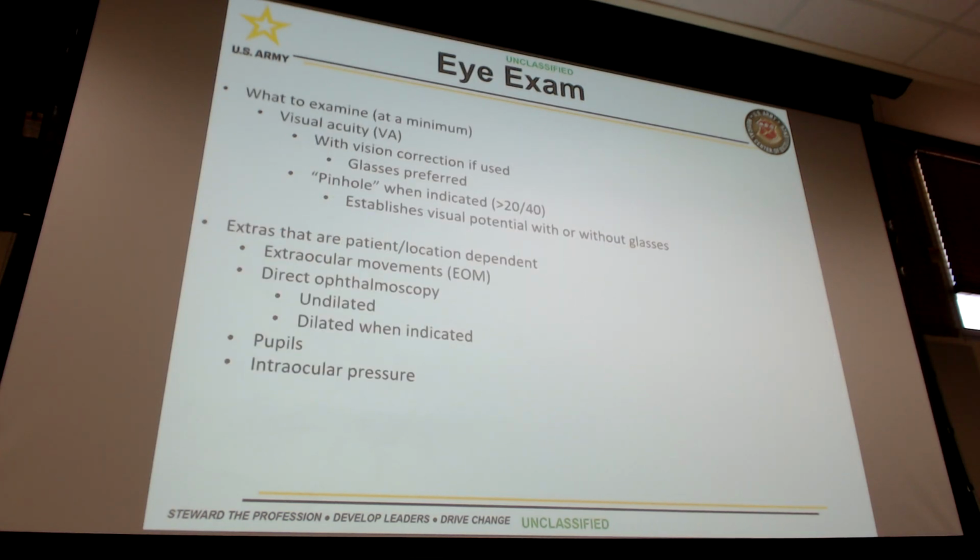All right, when you're conducting an eye exam, visual acuity is the most important thing that you guys can take. Hopefully all of you have some sort of paper chart attached to the wall, and you have the patient stand 20 feet away from it, and you can get an easy visual acuity that way. It does not take a rocket scientist to take visual acuities.